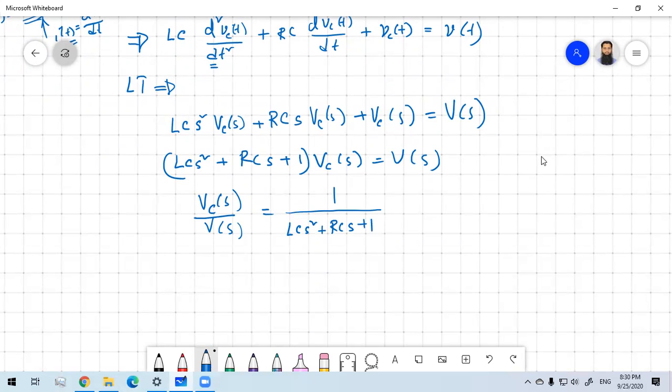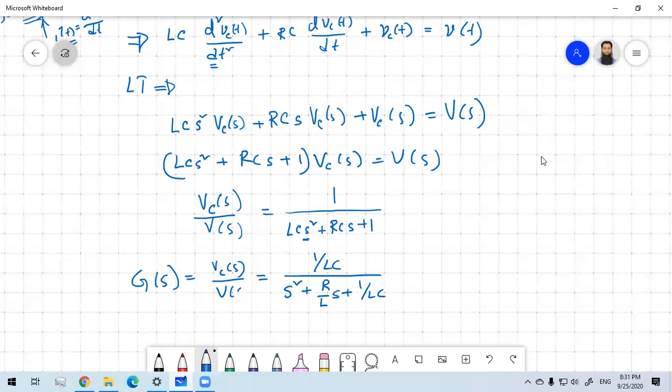In general, we don't want to keep any coefficient on the highest order of s, so you can take common 1/LC. Then you get 1/LC in the numerator, and in the denominator s² + (R/L)s + 1/LC. So this is your transfer function G(s) equals Vc(s)/V(s).